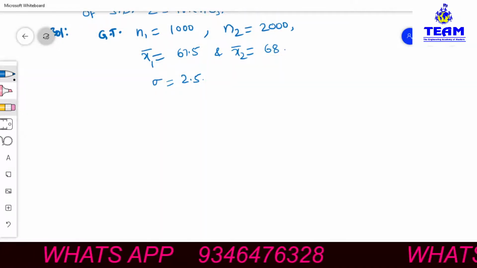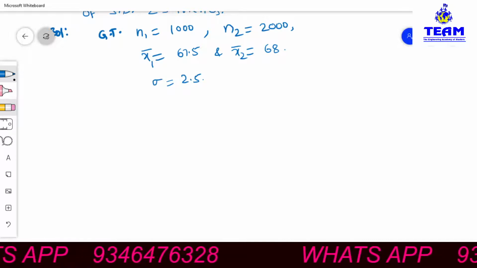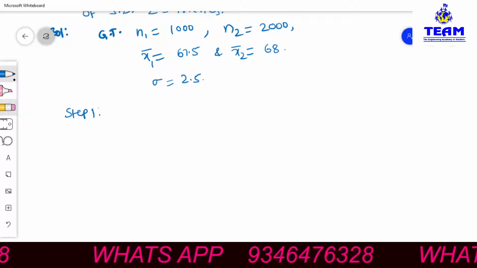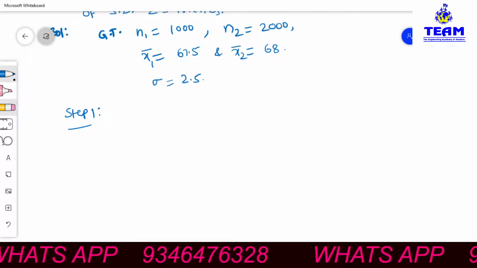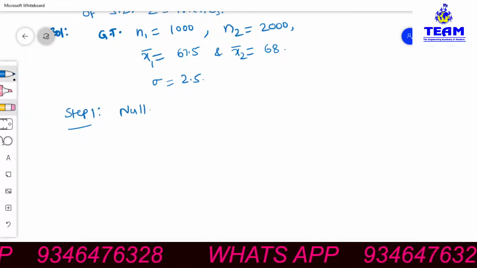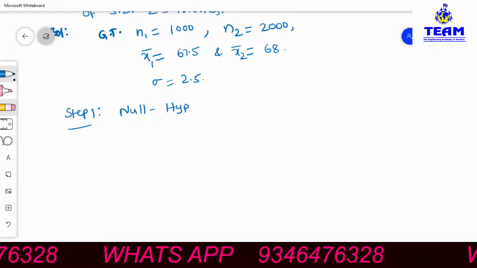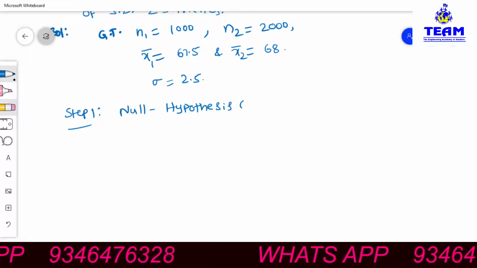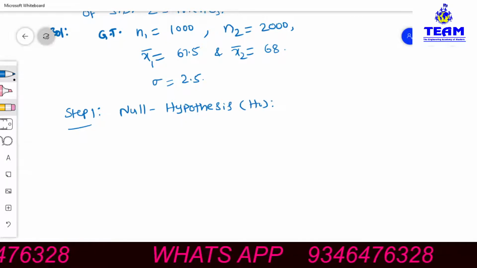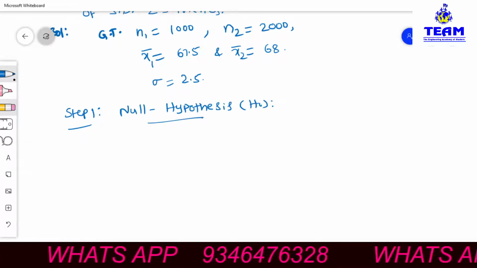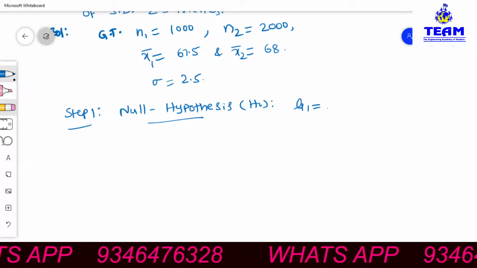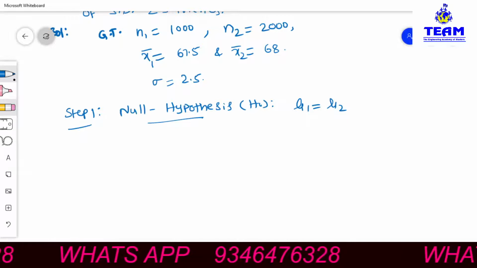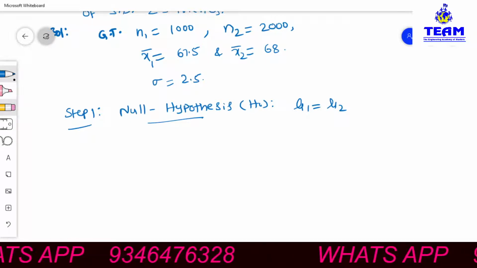By the method of testing of hypothesis, we have step 1 as the null hypothesis. Null hypothesis is generally represented with H naught. For this problem, we take the null hypothesis as mu1 is equal to mu2. That means whether they are coming from the same population or not.